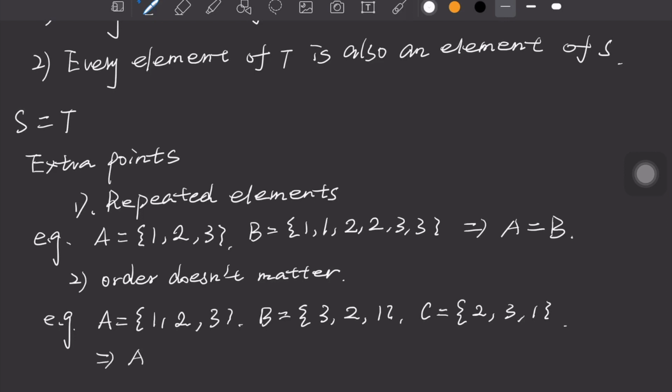We say set A equals set B equals set C, because you don't really care about the order of the elements. You can change the order any way you want.